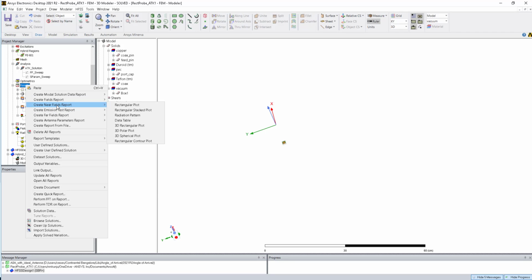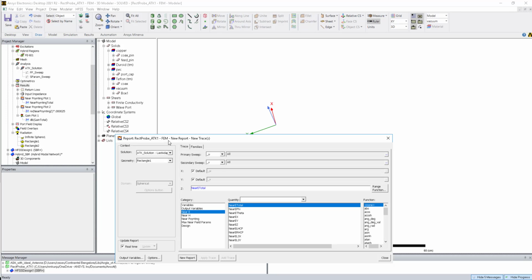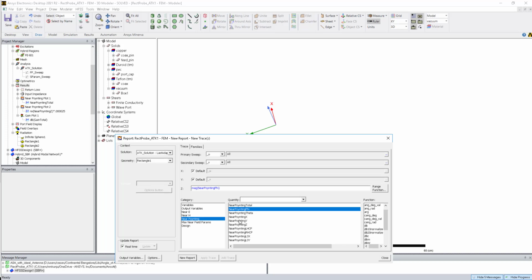So go to near field radiation pattern, go to contour, rectangular contour plot, and here you can plot E field, H field, near field Poynting vector. If you select, you can plot the Poynting vector in phi, theta, x, y, z, all directions.